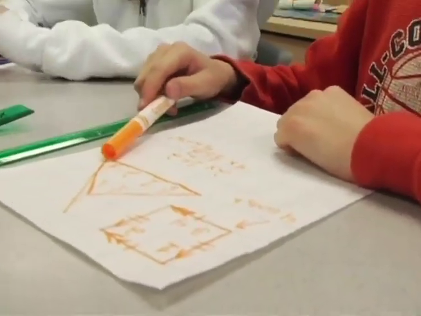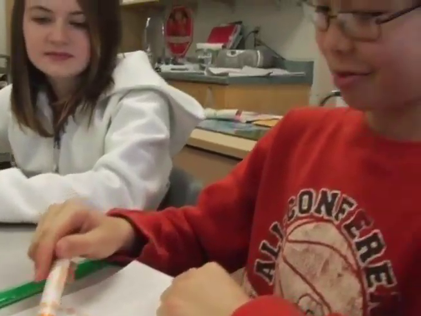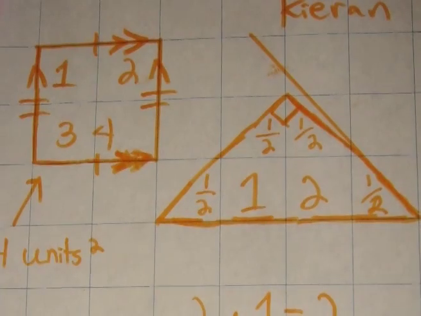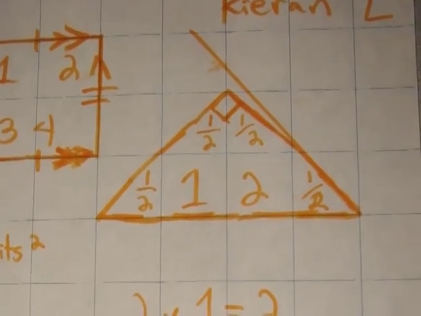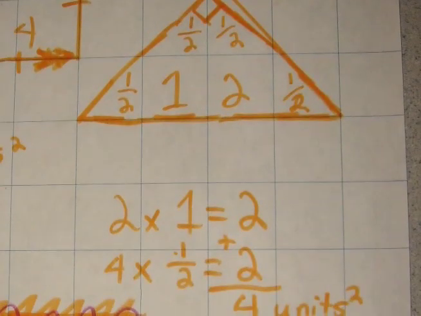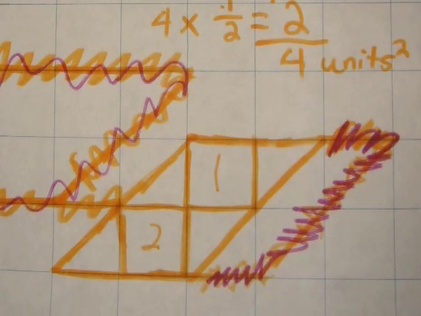And here I basically wanted just 2 whole ones and then 4 halves because 2 times 1 whole is 2 wholes, and 4 times half a whole is 2, and then I added that up to get 4 units squared. And this one I know is 4 units because I just counted out the units inside the box.